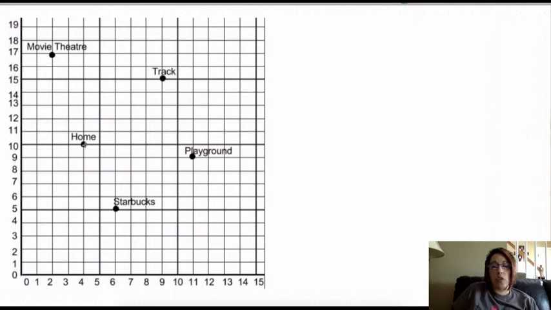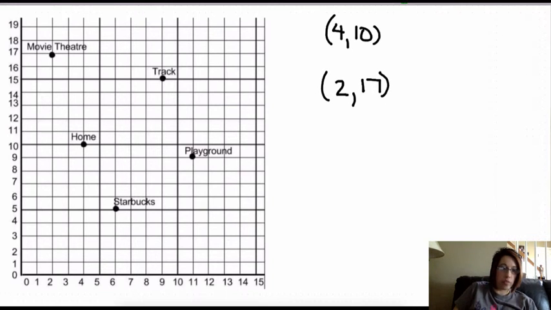So this time we are going to go from home up to the movie theater. Home is at over 4, up 10. The movie theater is at over 2, up 17. So let's look at the trip. From 4 to 2 is minus 2. From 10 to 17 is plus 7.